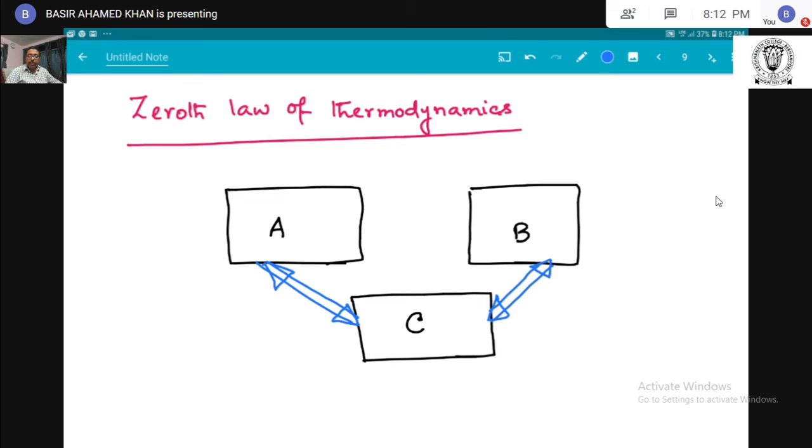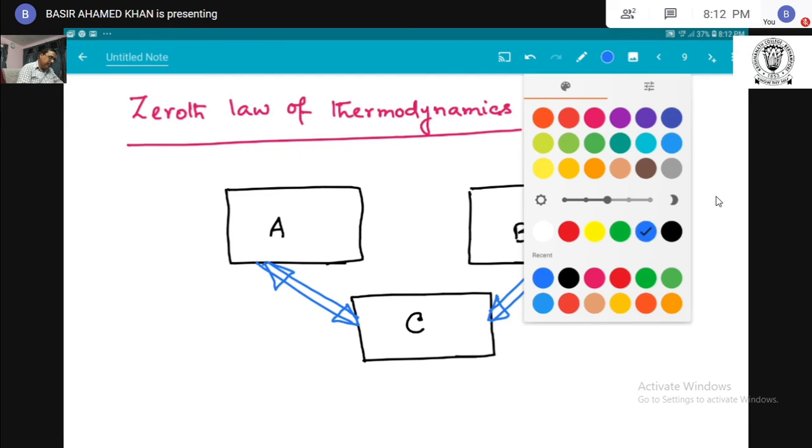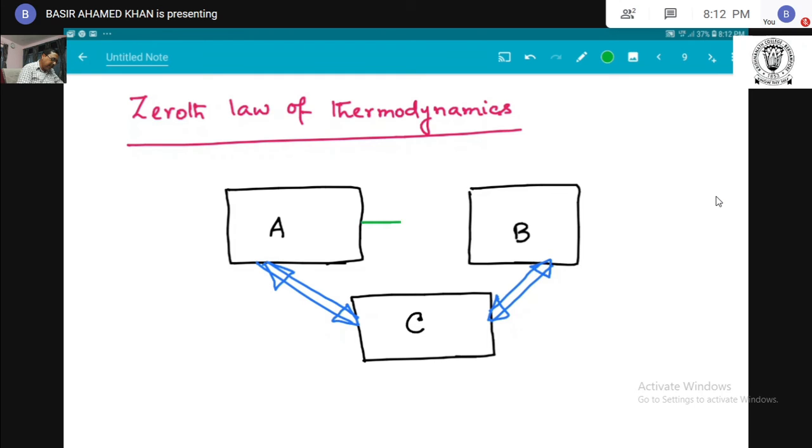This is the zeroth law of thermodynamics.